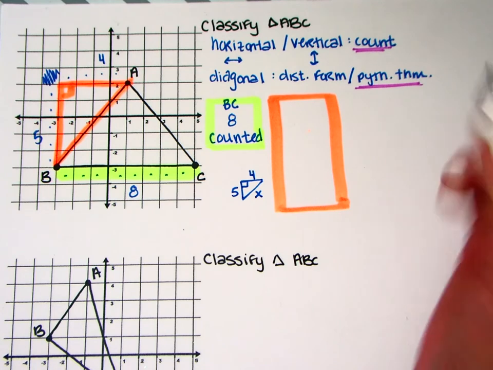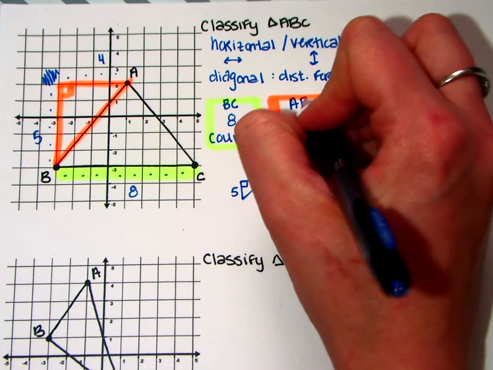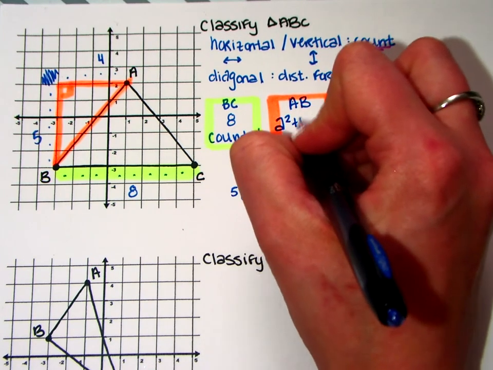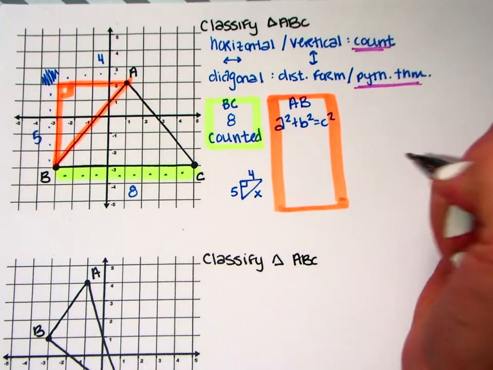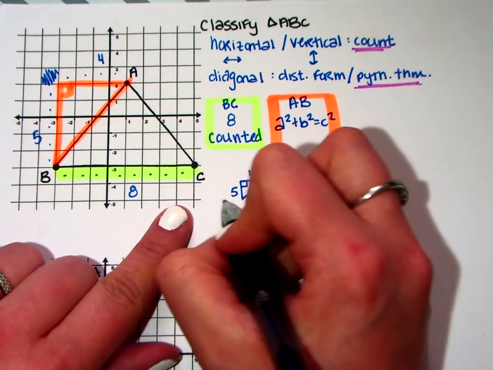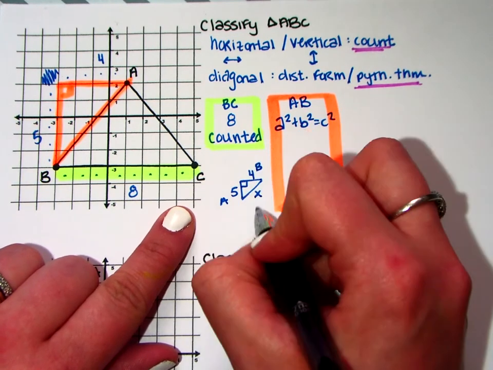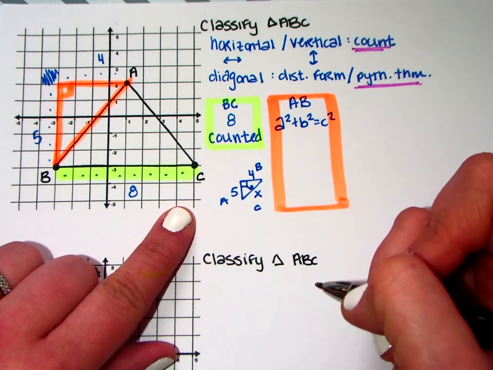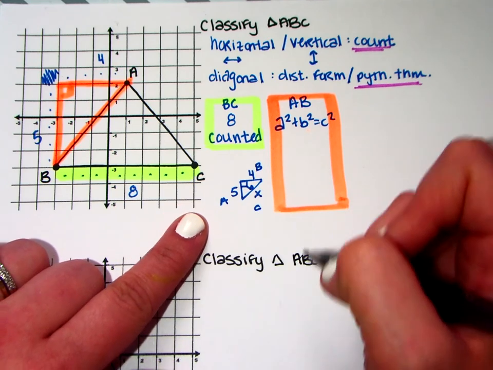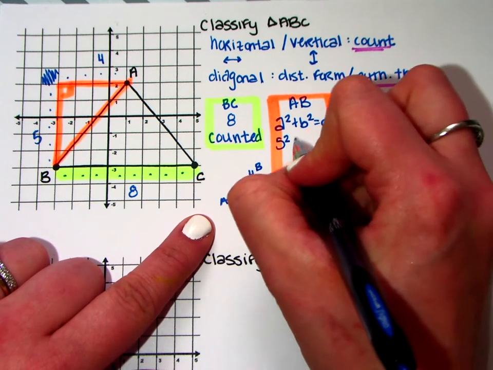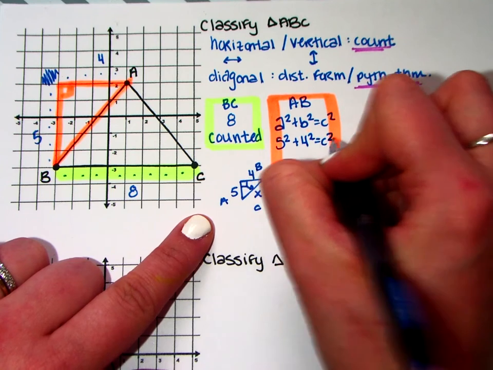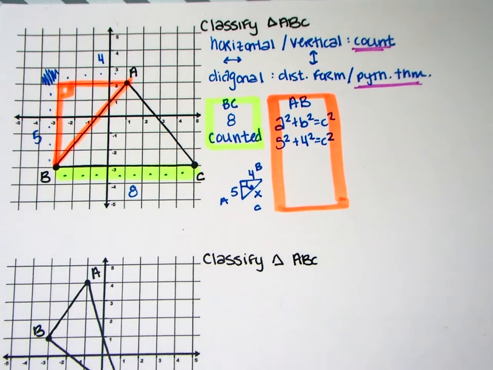We're going to be using Pythagorean theorem, and remember Pythagorean theorem is a squared plus b squared equals c squared. It doesn't matter which value you make a or b, as long as the hypotenuse, which is across the 90, is always c. So I'm going to go ahead and do 5 squared plus 4 squared equals c squared. And you can do this straight into your calculator because the variable is isolated.